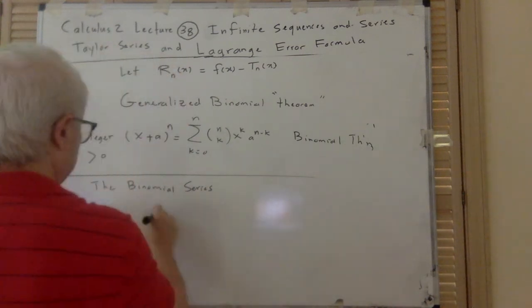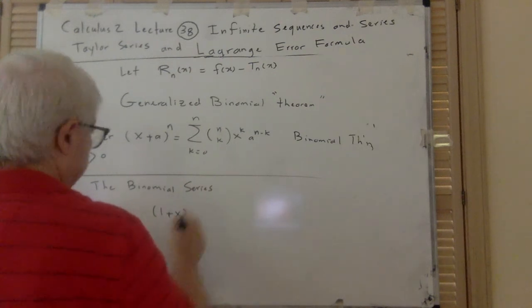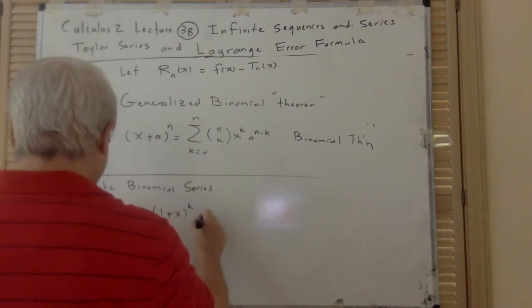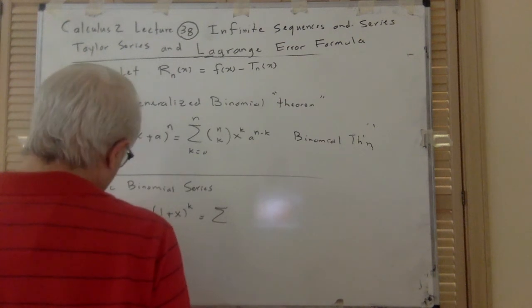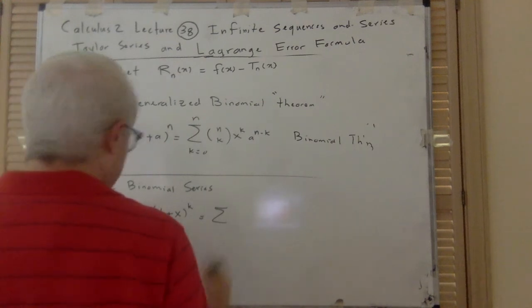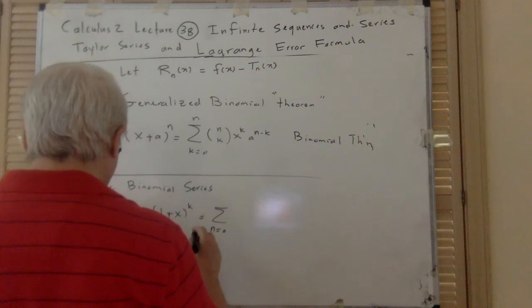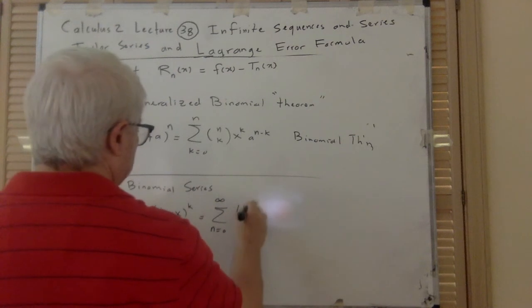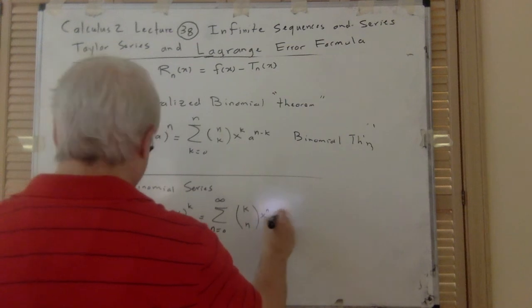It is in fact (1 plus x) to the power k. And the sigma is very similar to that. Why do we use n here? Well, because usually n is used for integers. So n is used for integers, from 0 to infinity, that's a good choice. Sum of (k choose n) x to the n.